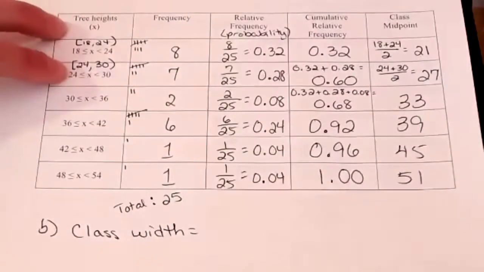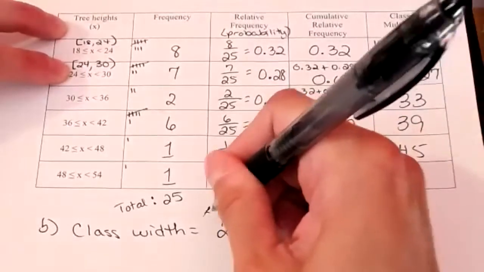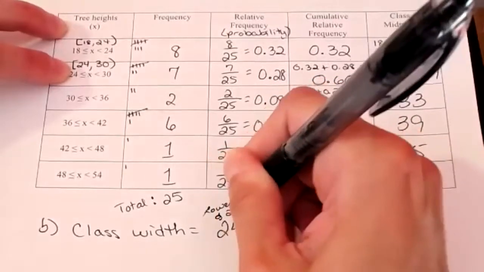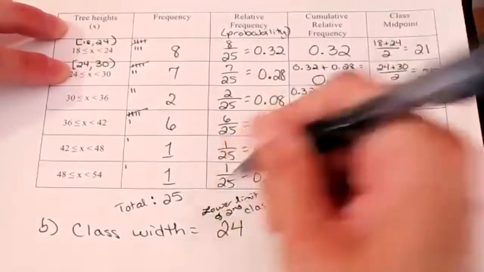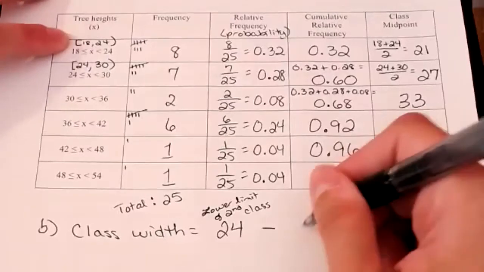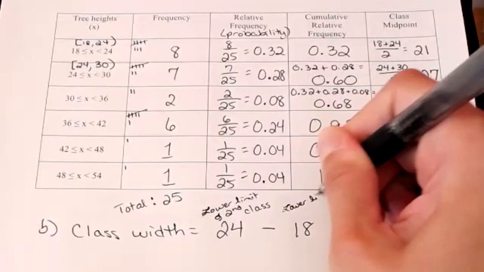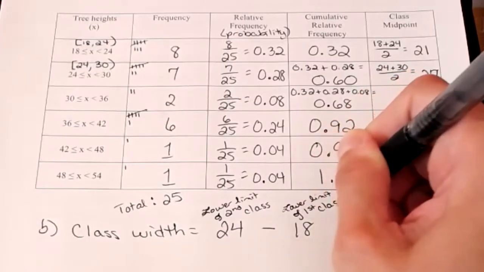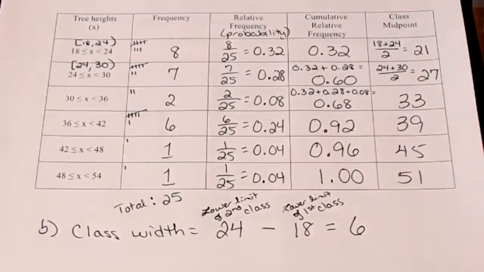So we are going to take the lower limit of the second class, which is 24, and I'm going to write lower limit of second class. I'm just making a note here so that when you go back, you're like, oh, that's how she did it. And then you're going to subtract the lower limit of the first class, which is 18. So lower limit of first class. 24 take away 18, that's 6. So that's a class width.